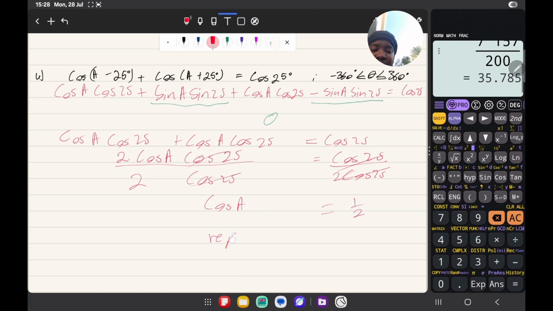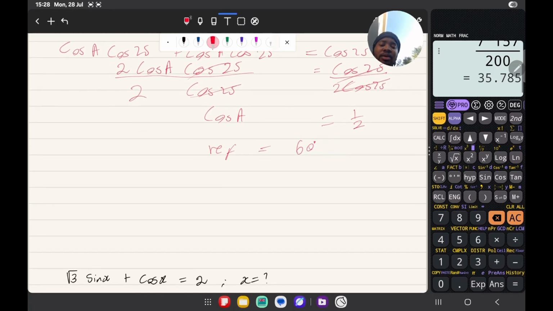And then for your reference angle, cos A being 1 over 2, the angle. Cos is adjacent, so adjacent there, 1 over 2, it's 60.